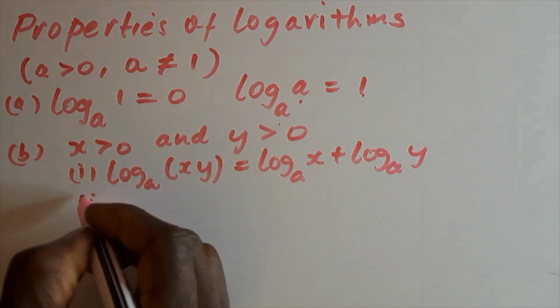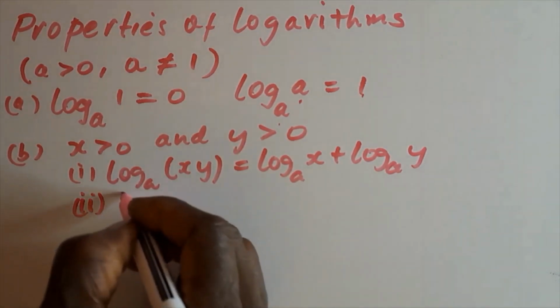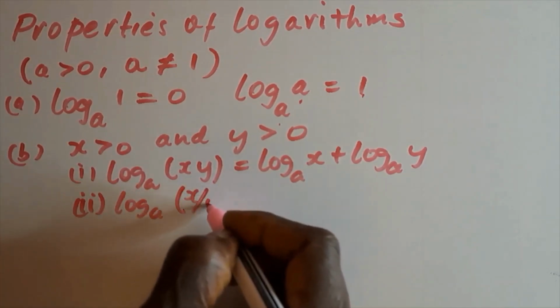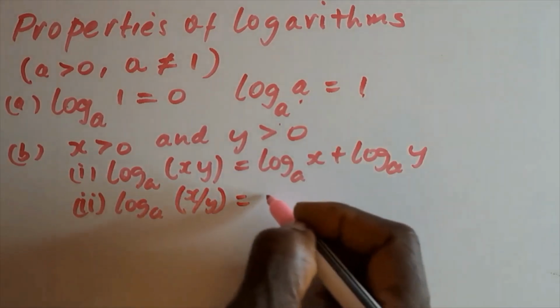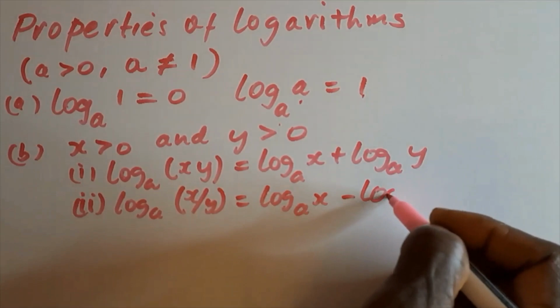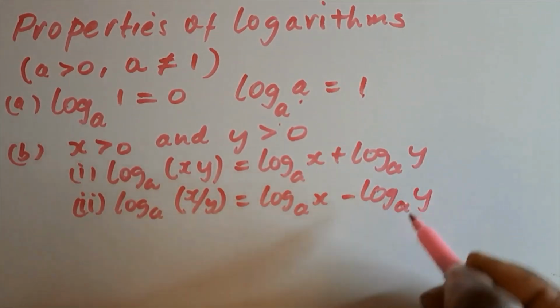And the second is log to the base a of x divided by y, which equals log to the base a of x minus log to the base a of y.